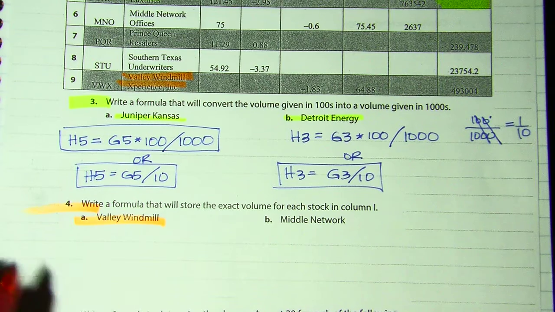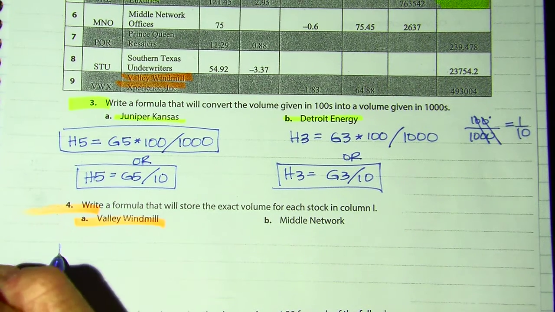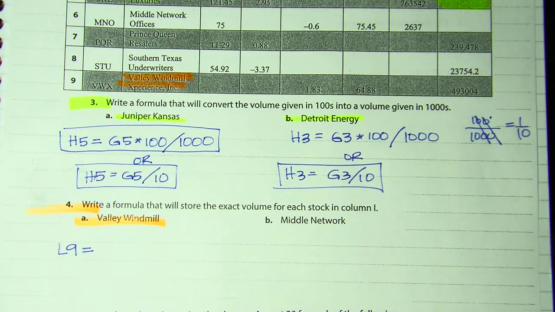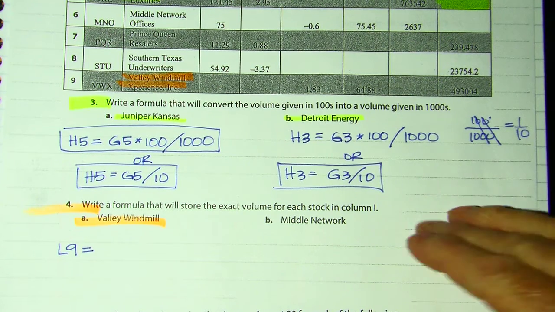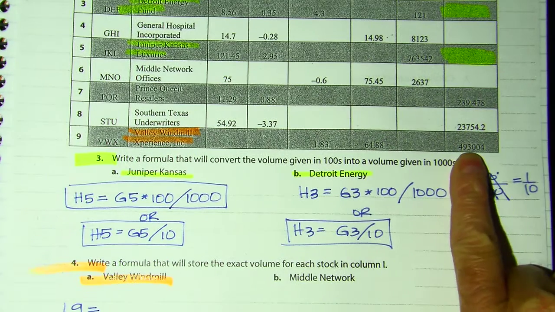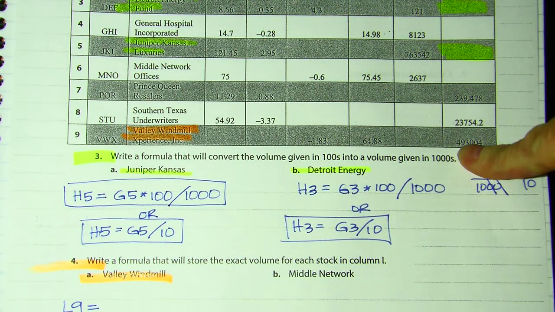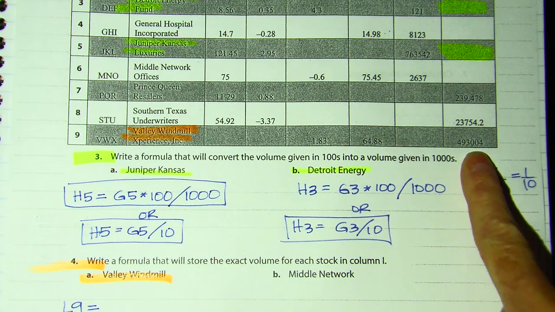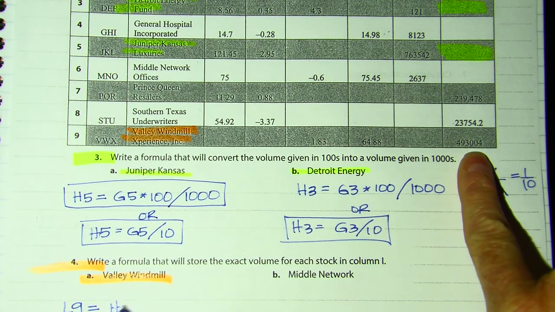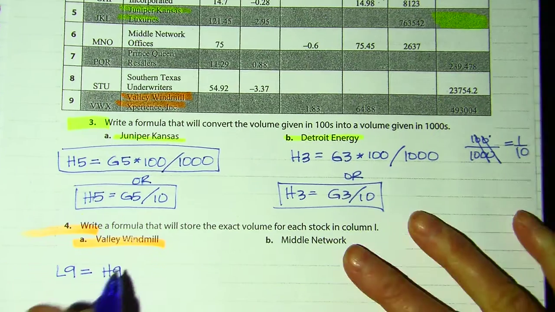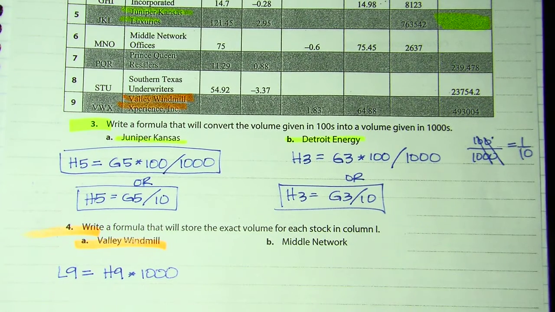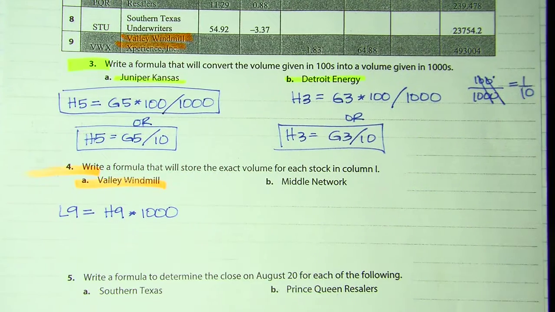So L9 will equal, and you can use really either cell, but in this case they gave us volumes in the 1,000s. So it would be the volume, H9, and it says volume in the 1,000s, so I would then just put the multiplication symbol and 1,000. That is what you would enter for your homework.